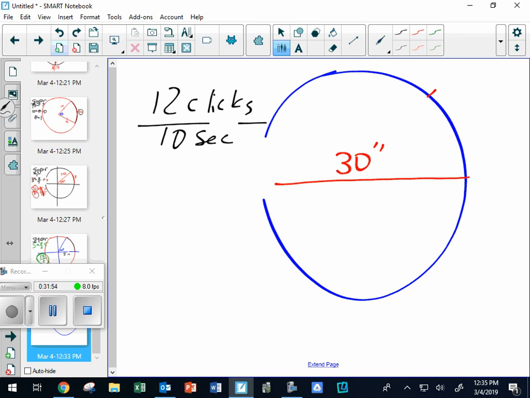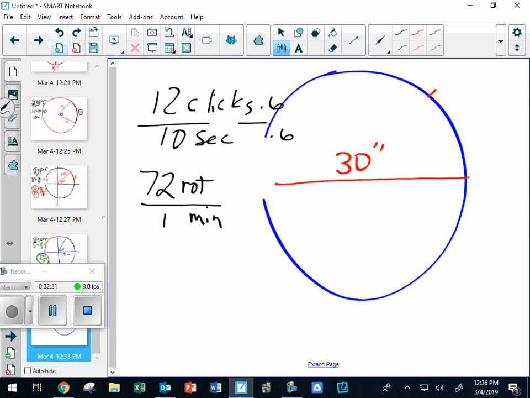Just wait a second. So would you agree then, if I times that by 6, that would be 72 rotations in 1 minute. 72 rotations per minute.